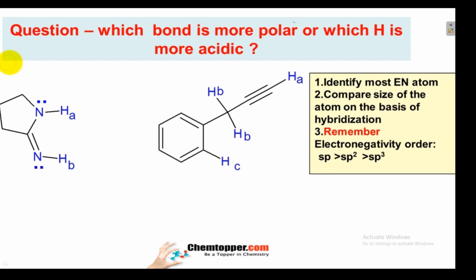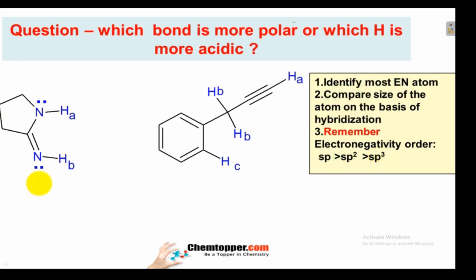So what is needed when we are doing these types of questions? First, identify the most electronegative atom. If the atoms are identical, then check their hybridizations. Remember, the one which is sp hybridized is going to be more electronegative than sp2, which is going to be more electronegative than sp3.